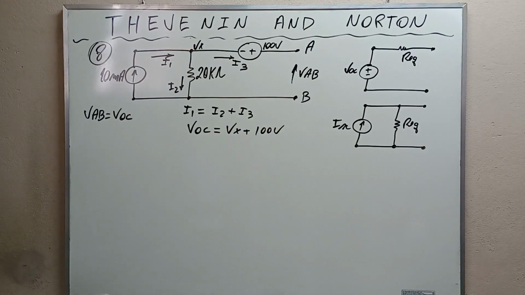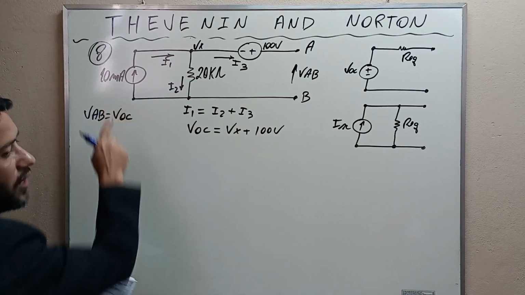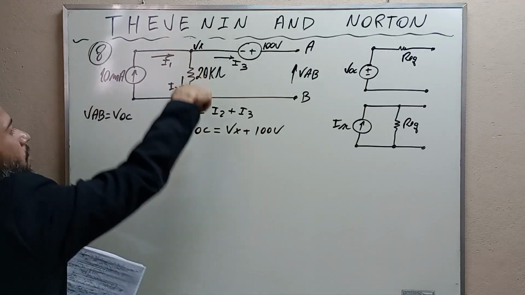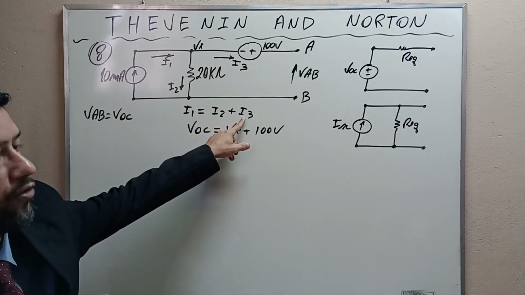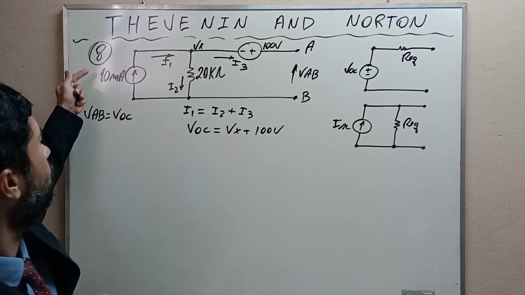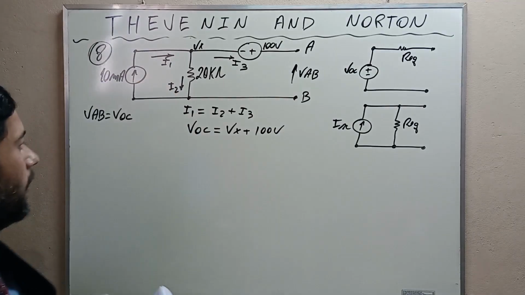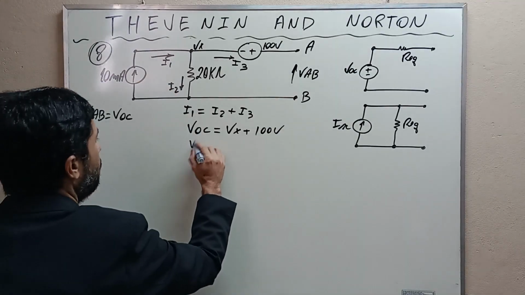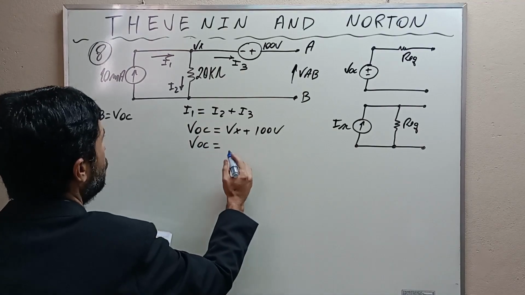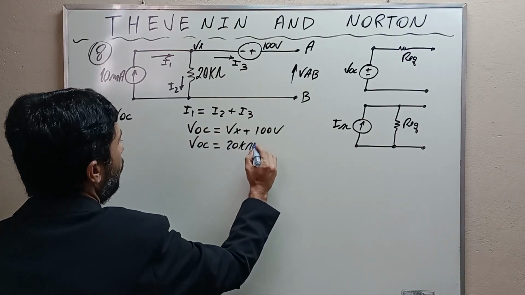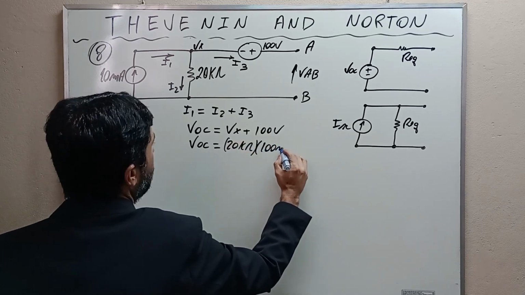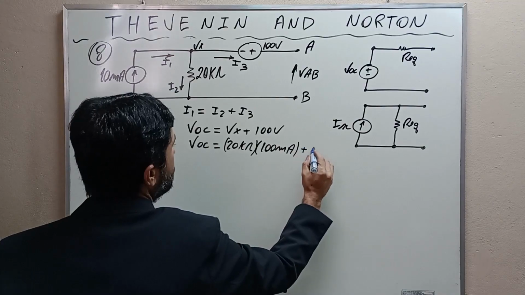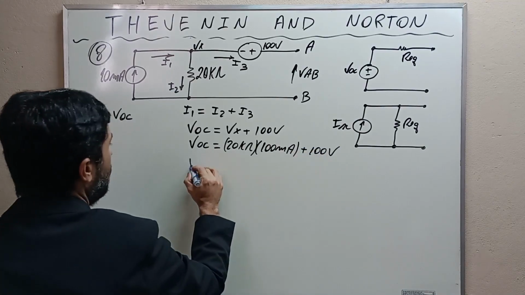And how can we calculate Vx? The current of the current source has to flow somewhere, and it is going to flow here. Then we find that as I3 is 0, I1 is equal to I2. The current flows here, then VOC is equal to 20 kilo ohms times 100 milliamps plus 100 volts.